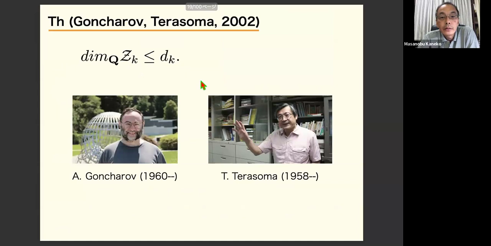Less than 10 years later, Goncharov and Terasoma proved that this dimension d_k is actually bounded from above by this sequence. Goncharov's paper was never published, and later he and Deligne wrote a joint paper describing his proof.